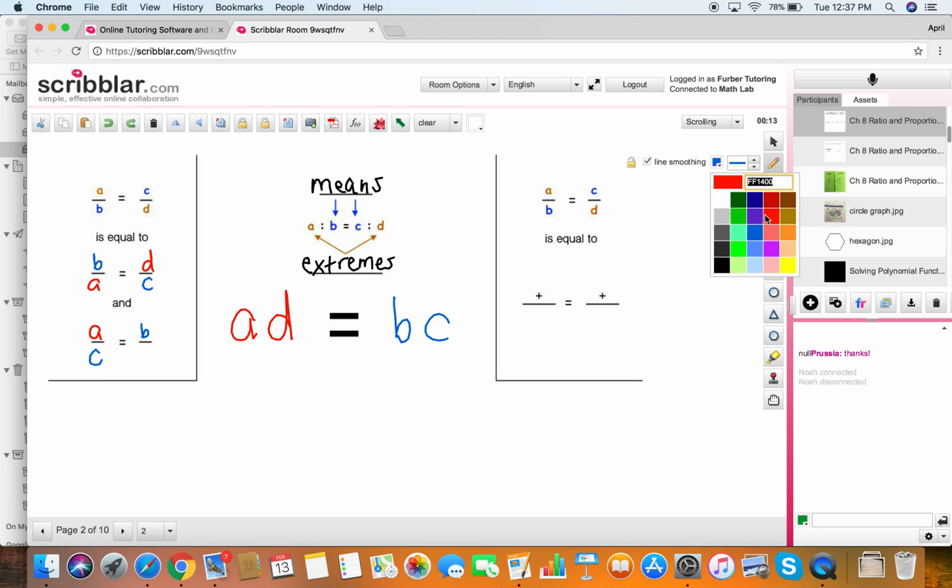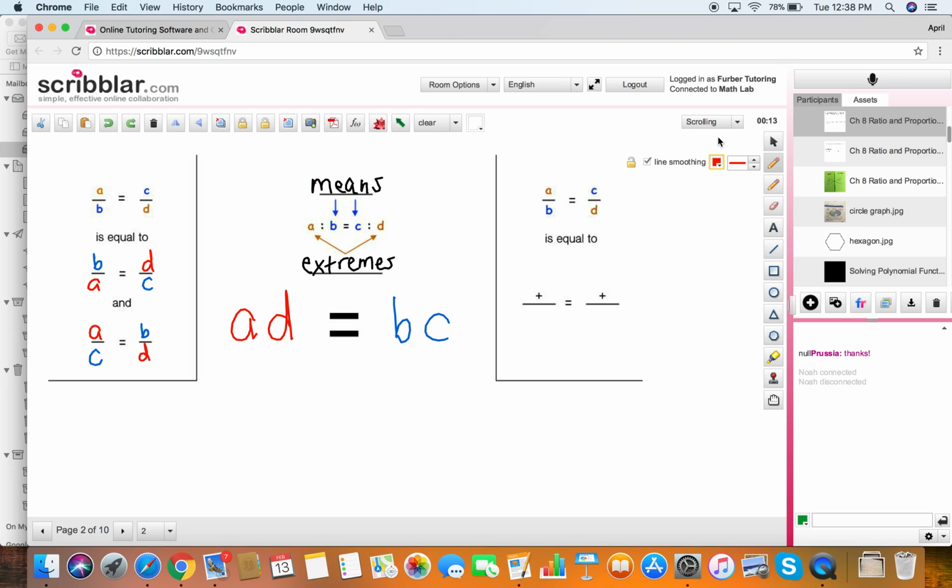And then that would need to be over the D. So these are two other ways to set up a proportion that really mean the same thing. Notice though that in both examples, the means are across from each other and the extremes are across from each other. That doesn't change. So you cannot have the values set up in such a way that the extremes and the means are not diagonal from each other. They have to remain diagonal.